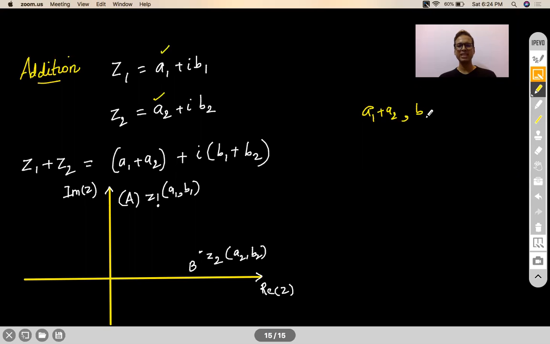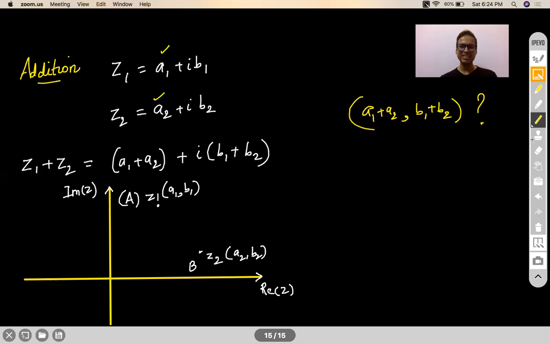Our purpose is to locate this point. Now you'll say, sir, if I know A1, A2, B1, B2, I will locate it. What is the big thing in that? Absolutely. If you know A1, B1, A2, B2, you can locate it on the Argand plane. But even if A1, B1 and A2, B2 are not exactly known, we should know where A1 plus A2, comma B1 plus B2 is located.